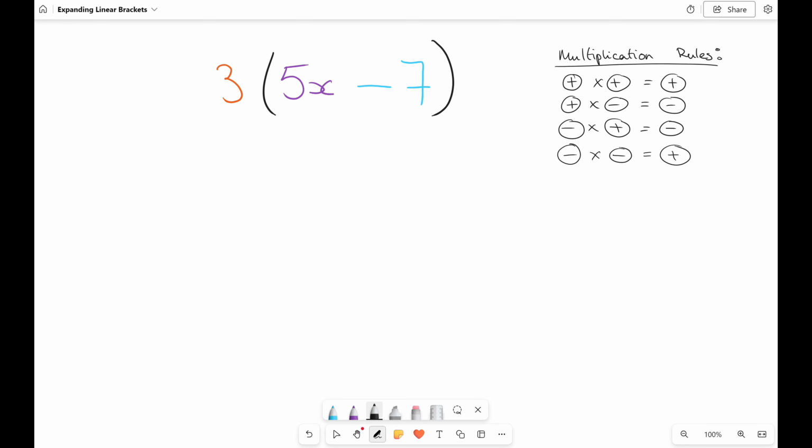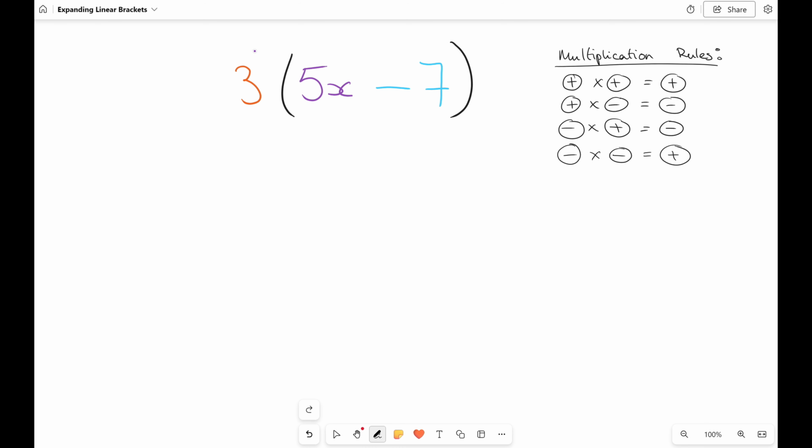Okay, so here's an example of how a linear expanding bracket question would look. So you have a number in front, then you would have something x and another term. There's always more than one method to answer a question, so you can annotate it in different ways. So you may see this, and it essentially means that this number 3 has to times by 5x, and it has to times by minus 7.